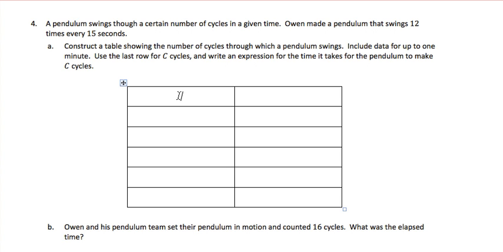Before we do anything else, we want to do the number of cycles in the first part of our table, and then the time in seconds in the second part.